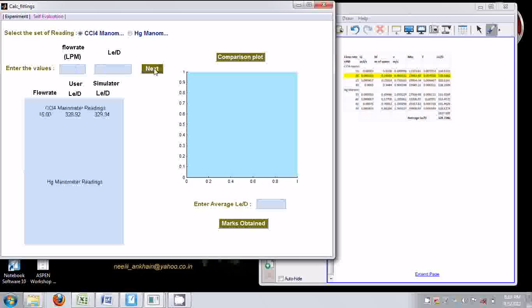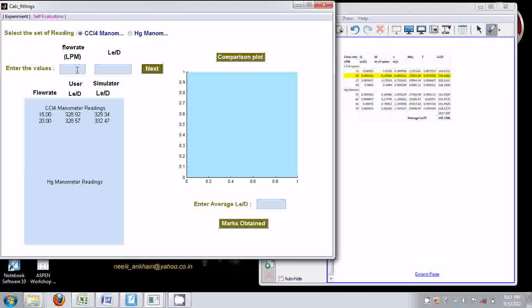Press next. The simulator displays the user calculated LE by D and the simulator calculated LE by D, and then enter another flow rate, 20 LPM. At this flow rate, user calculated LE by D is 328.57. Press next.